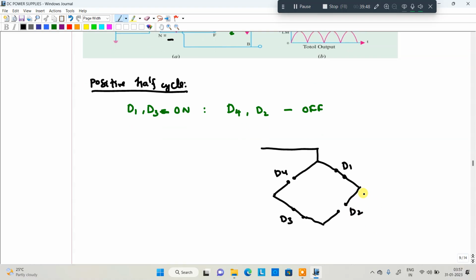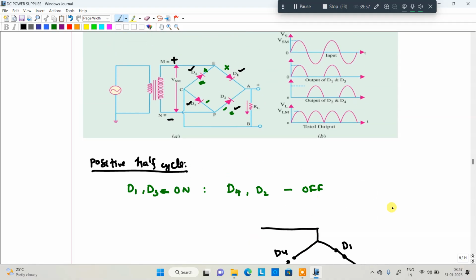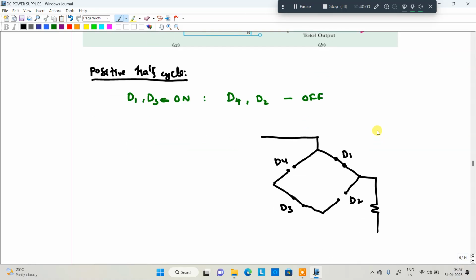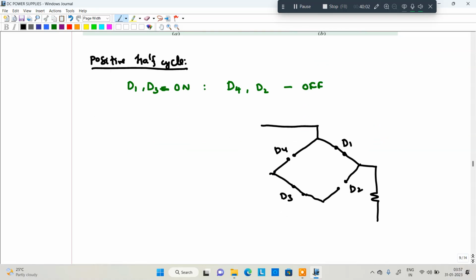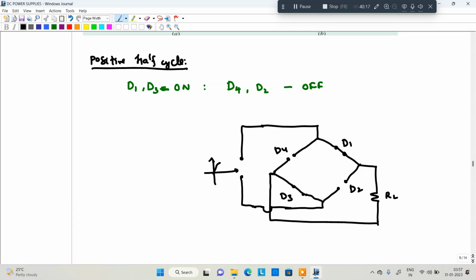Okay, clear? Next, the load is connected in between them. So the load is connected in between these two terminals, right? This is the load resistance. Now the input is connected here. So the input which waveform is connected, the positive waveform is connected. Now identify the current directions. So the current will be flowing like that.